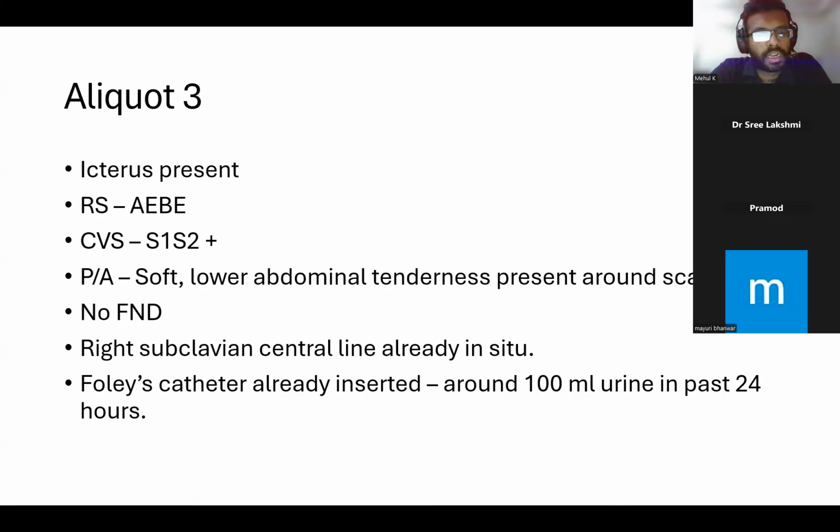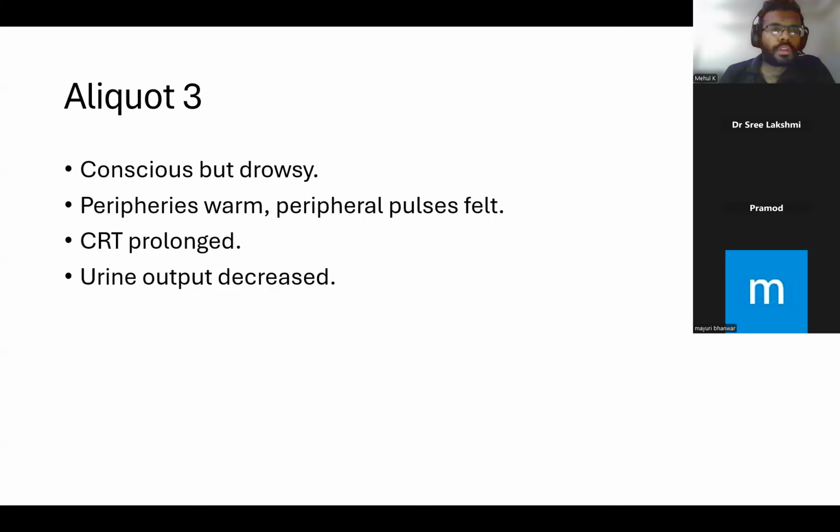Right subclavian central line is already in situ, and Foley's catheter is already inserted, and there's some 100 ml of urine in it. That's how much the patient has been able to produce in the last 24 hours. Patient is conscious, drowsy, peripheries are warm, peripheral pulses are felt. Refill time is prolonged. Urine output, as mentioned, is decreased.